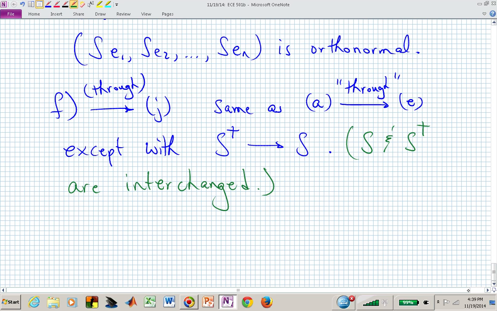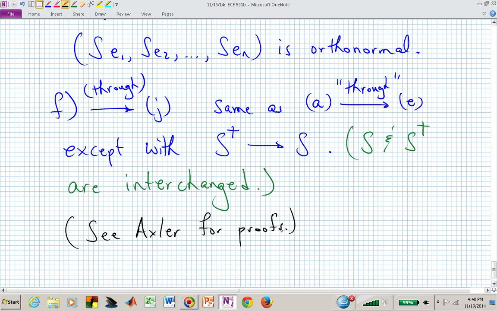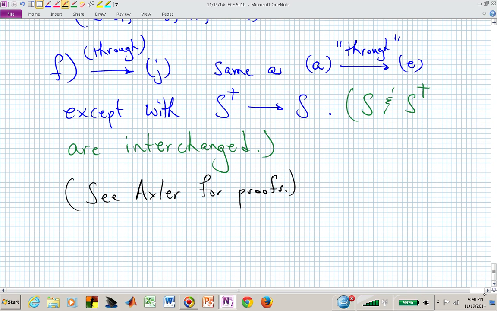If statement A is true, that's equivalent to statement F, etc. And we're not going to show that. So I'll spare you the details and I'll refer you to the textbook for the proofs of those equivalences, A through J.